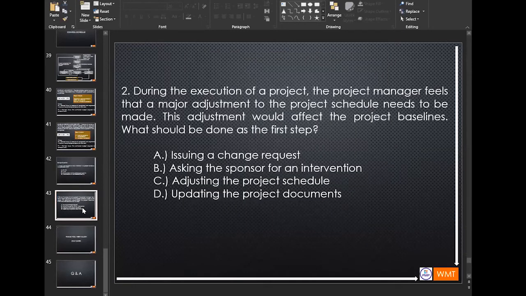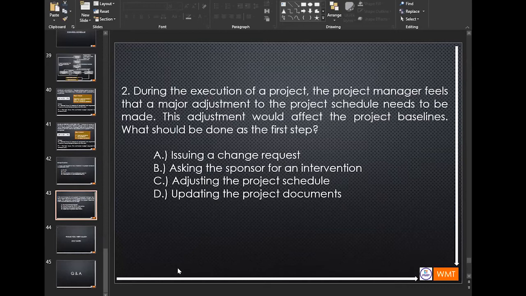So number 2 question. Actually, this exam is quite similar to the actual PMP exam. So later I will show you more. During the execution of the project, the project manager feels that a major adjustment to the project schedule needs to be made.